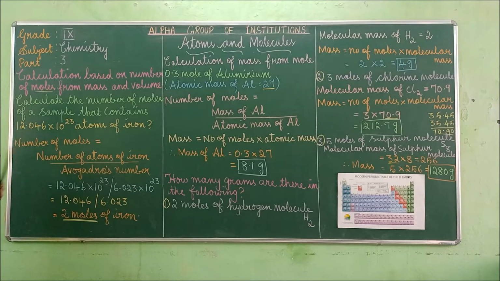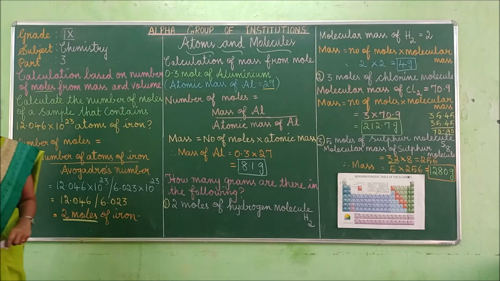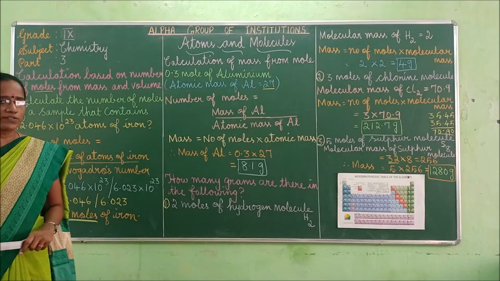Once again I repeat the question. We have to calculate the number of moles of a sample that contains 12.046 into 10 to the power 23 atoms of iron. What we are going to calculate? We are going to calculate the number of moles, right?